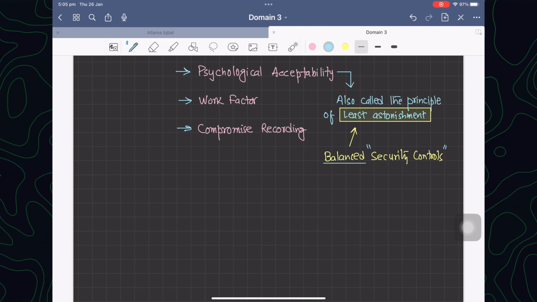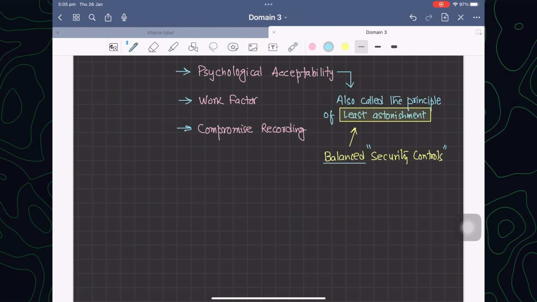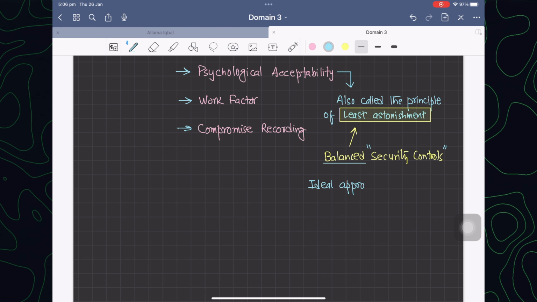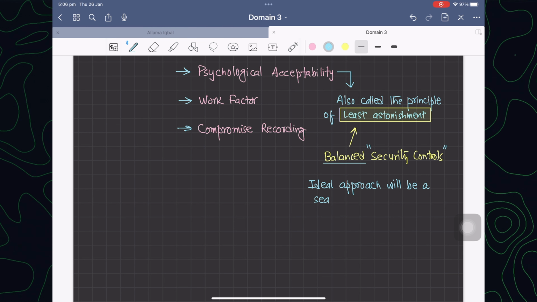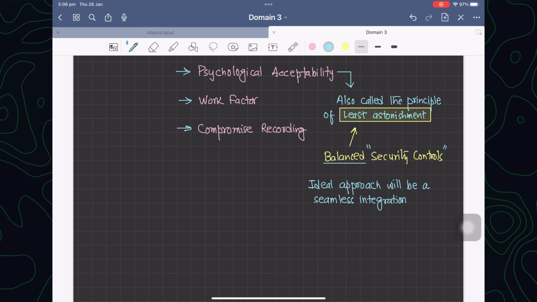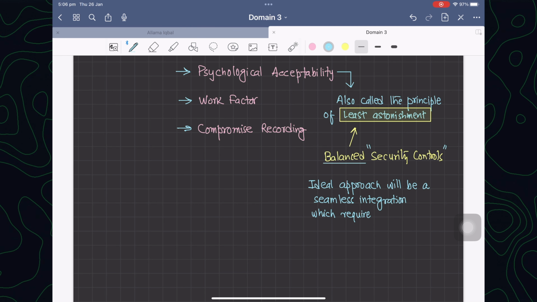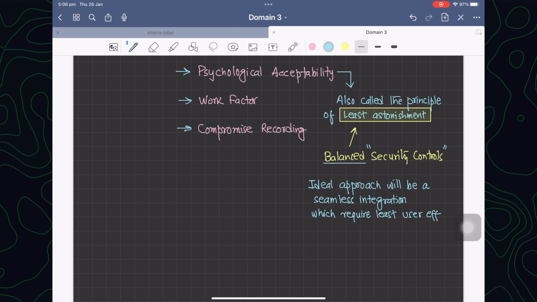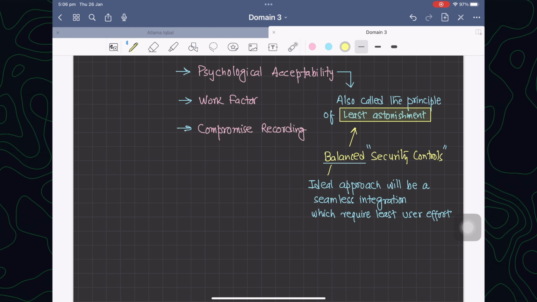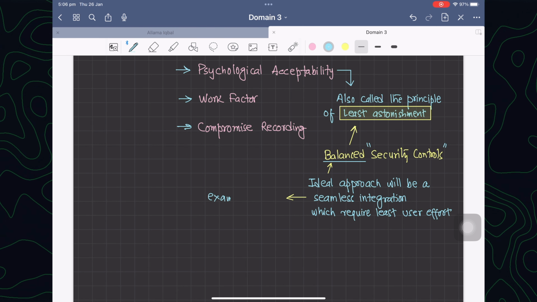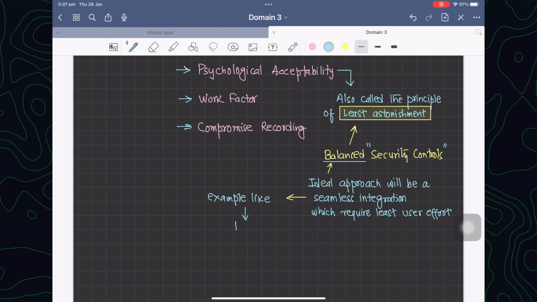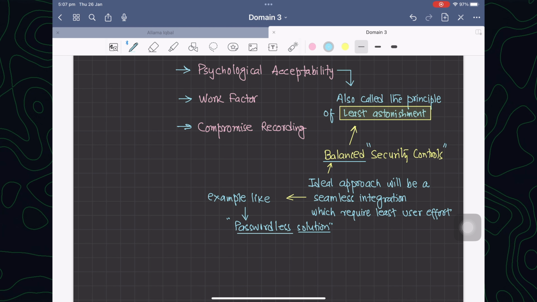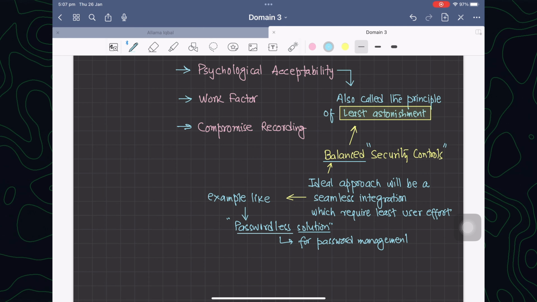That's what is meant by balanced security control. The ideal approach will be a seamless integration which requires least user effort. So in an ideal sense, or in a utopian sense, we want to design a secure system where security controls are embedded in a way which is transparent to the end user.